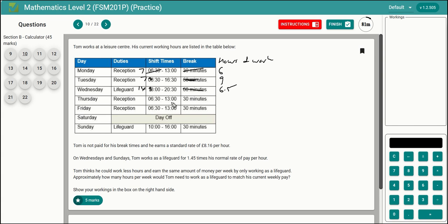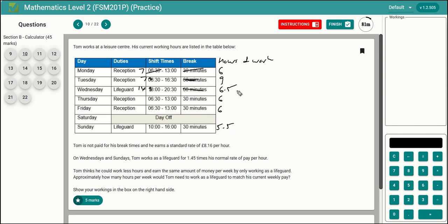Thursday and Friday is exactly the same as Monday, so that is another 6 and another 6. And 30 minutes, let's just work out the difference between 10 a.m. and 4 p.m. 16 take away 10 is 6, so 6 hours minus 30 minutes. So that is 5, hang on, is that right? No, sorry, I've got that wrong. No, that's correct. 16 take away 10 is 6, so take off 30 minutes, that is 5.5 hours.